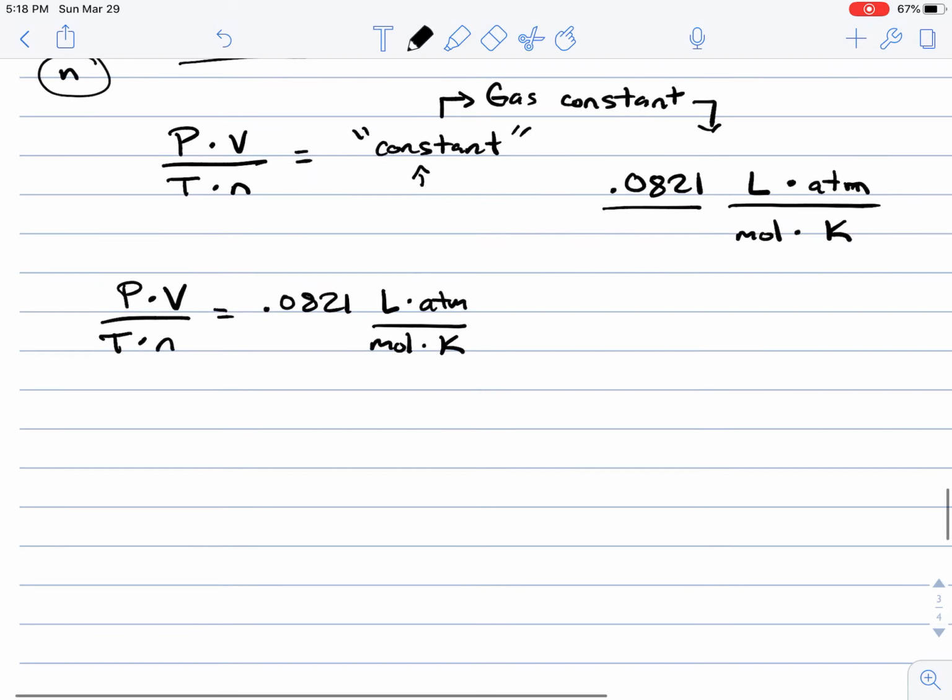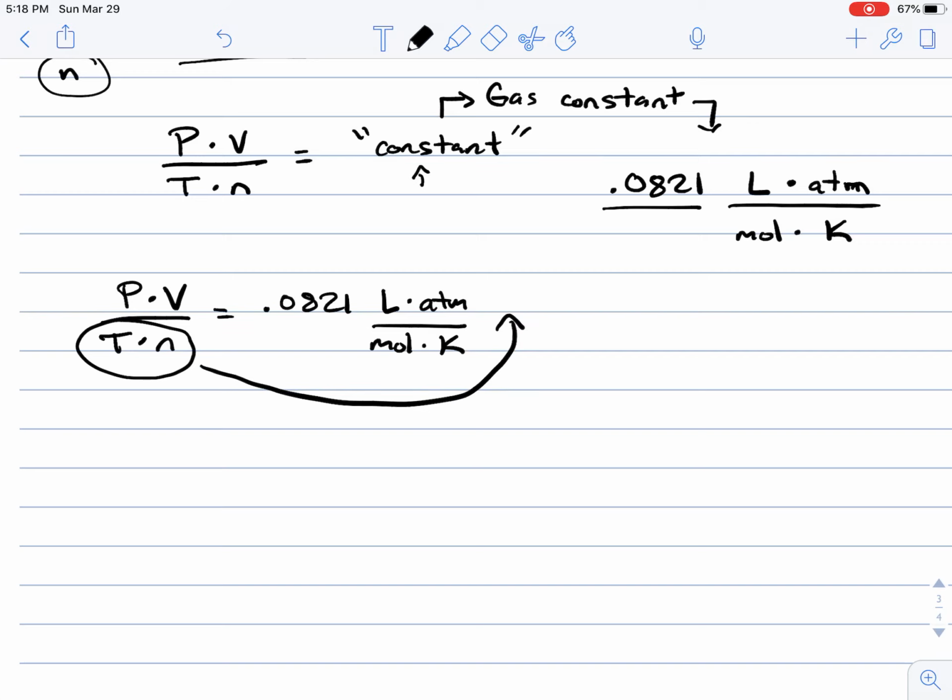And so we can multiply T, temperature, and N to the opposite side.